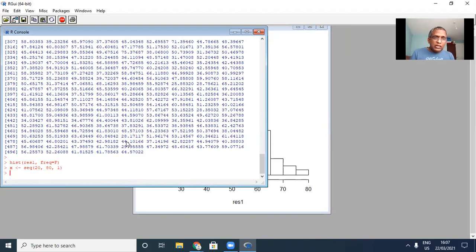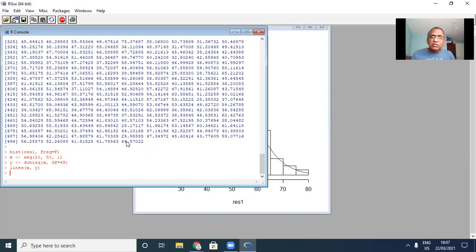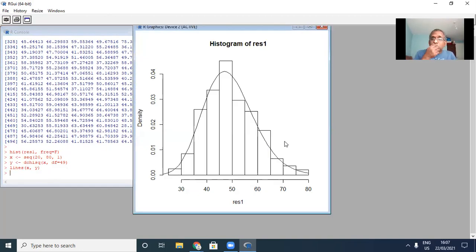And then I will compute y as the density of the chi-square distribution at x with degrees of freedom equal to 49. The reason it is 49 is because n is 50, so n minus 1 is 49. Now, if you do lines x comma y, this is what you see.